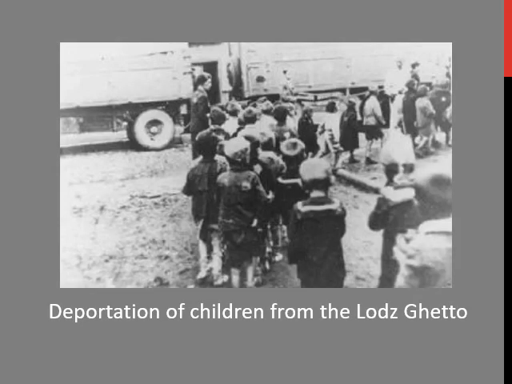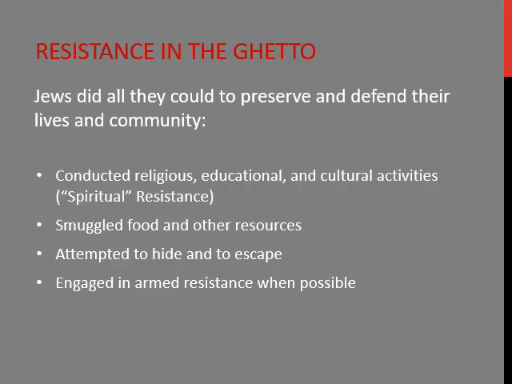And then finally, of course, the dread of the ghetto is deportation. Now, deportations don't start until the summer of 1942 in most of the ghettos, and at first, the people in the ghettos don't know what deportation means, but it won't be long before they find out that deportation means death.